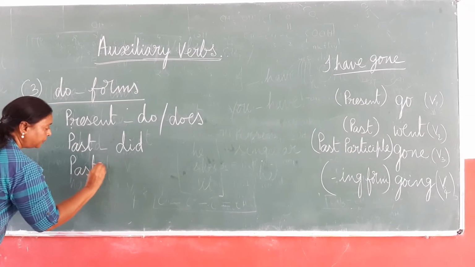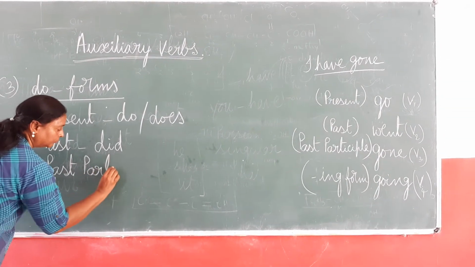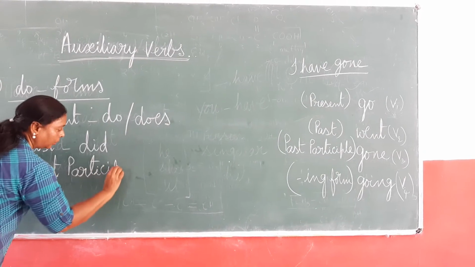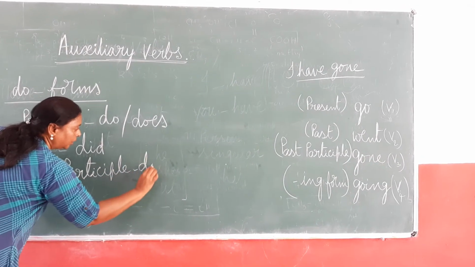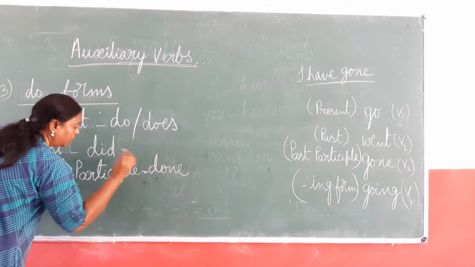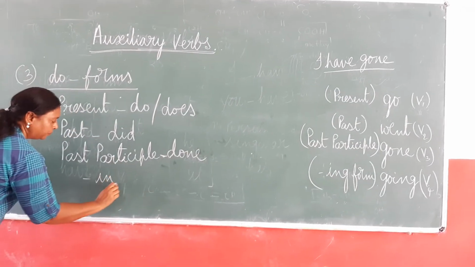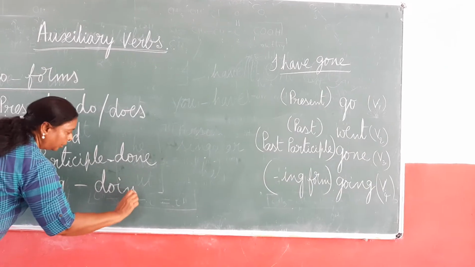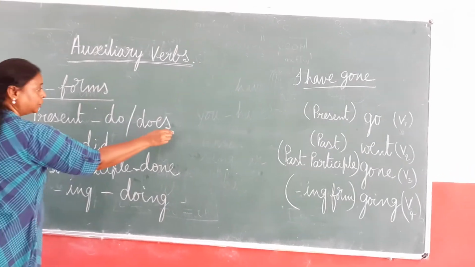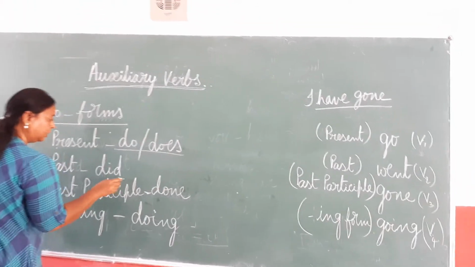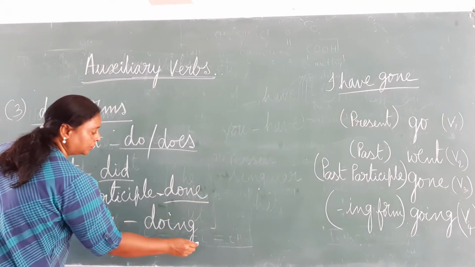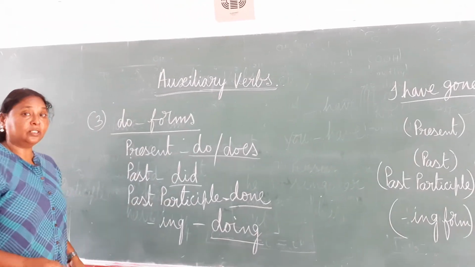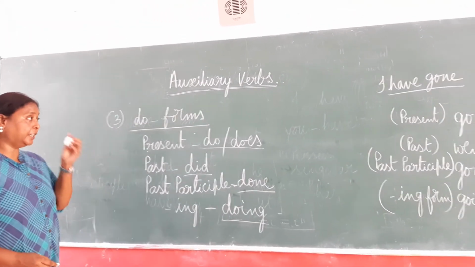Past participle is done. ING form is doing. So, do, does, did, done, doing. These are the do form auxiliaries.